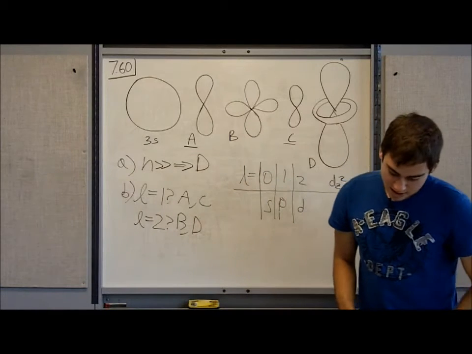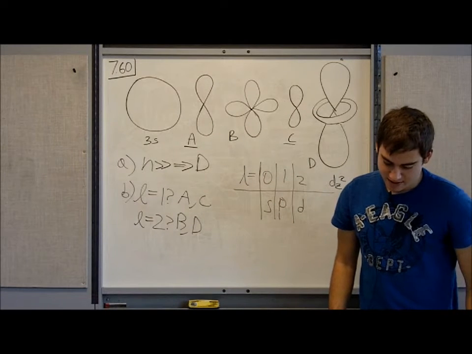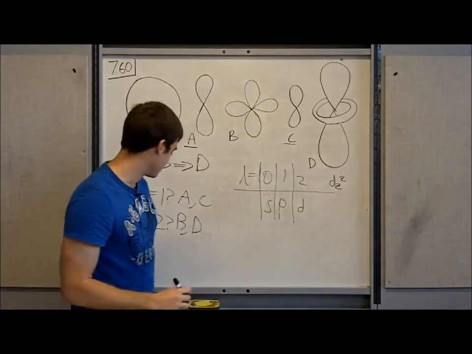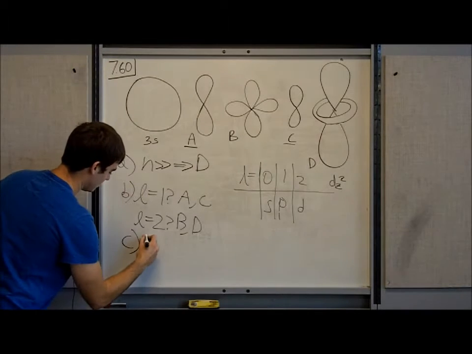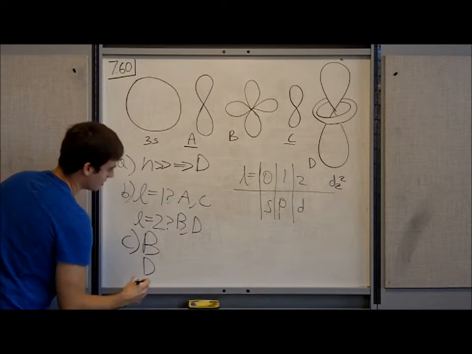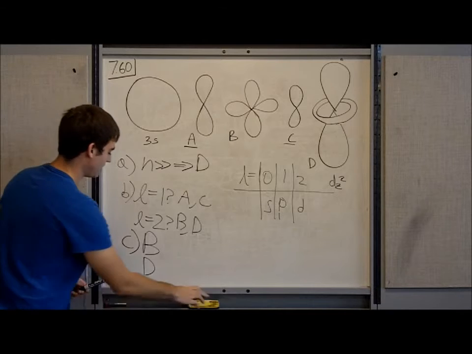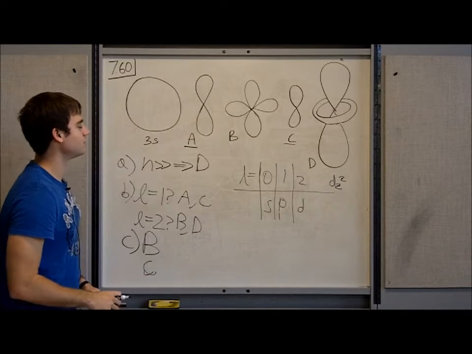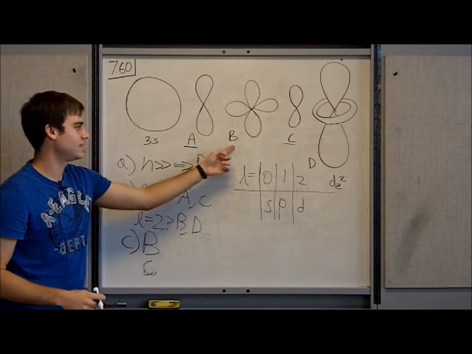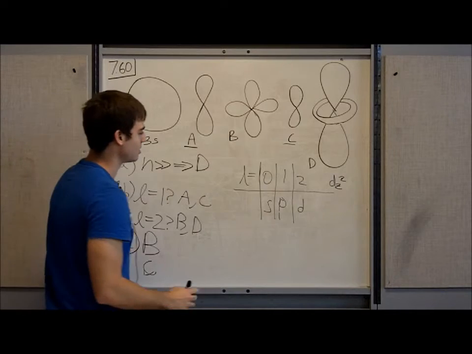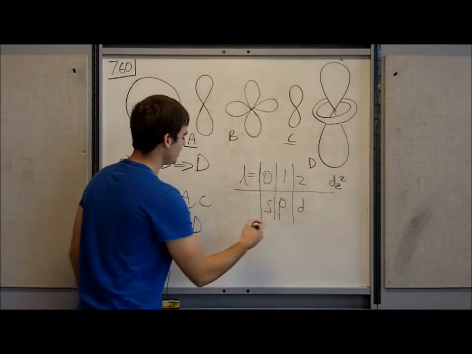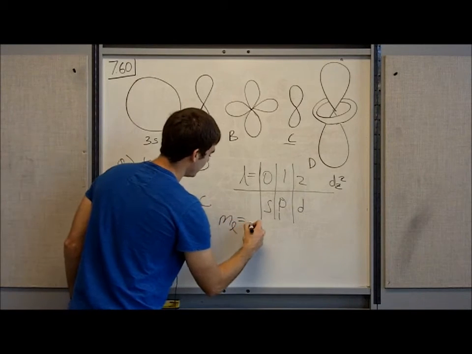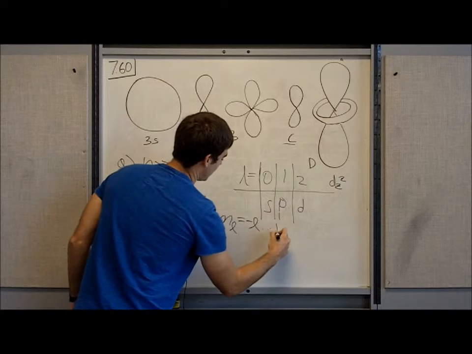The next question is, how many other orbitals with the same value of n have the same shape as orbital B and orbital C? Orbital B is a d orbital, so how many other d orbitals are there? The next quantum number, m sub l, ranges from negative l to positive l.